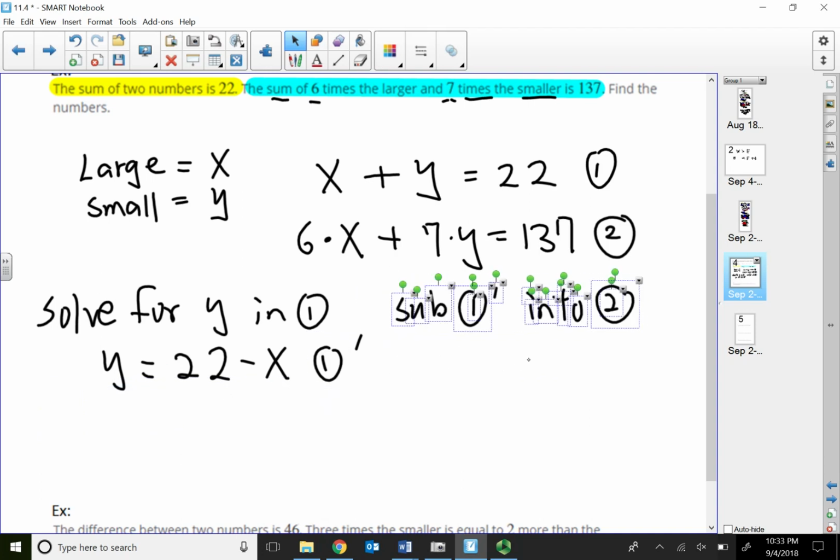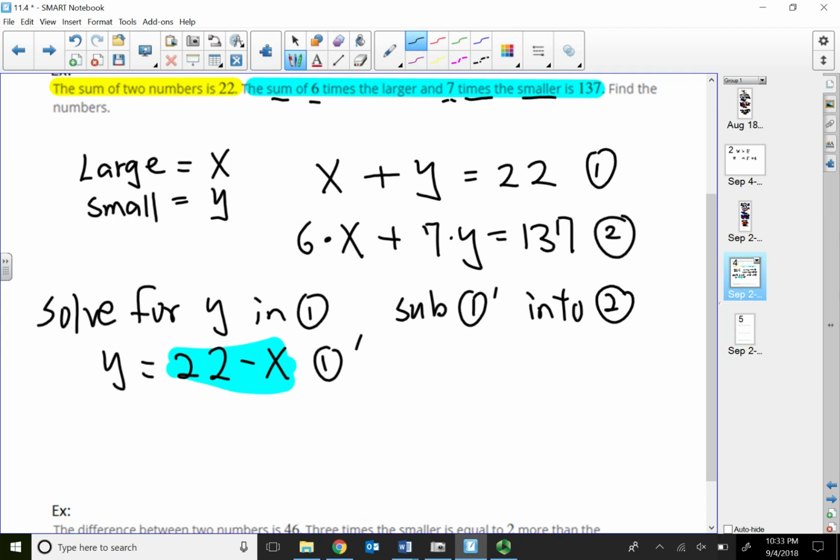Normally my second equation says 6 times x plus 7y equal to 137. So now I will substitute whatever y is, 22 minus x, into my second equation. 6x is still 6x, plus 7 times y. Now I'm replacing the y with 22 minus x, equal to 137.